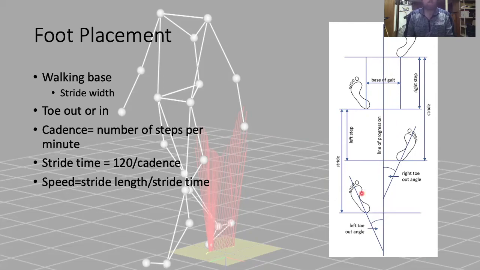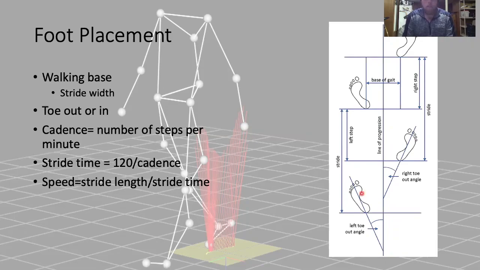When someone gets older or has a pathological gait, an abnormal gait, but particularly as people get older and older, they start taking wider steps, and their stride width gets wider. That creates a larger base of support that moves their center of gravity closer to the earth and makes them more stable so that they don't have to worry about falling as much.